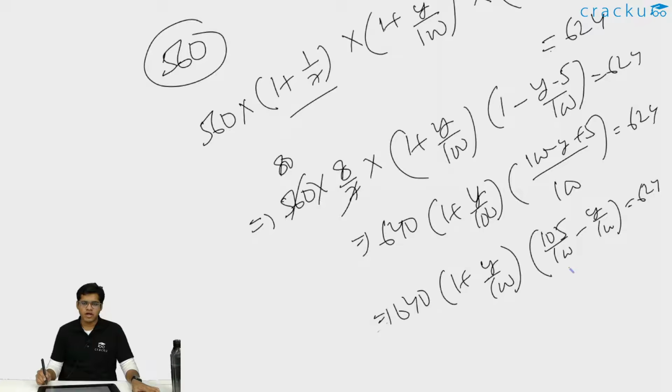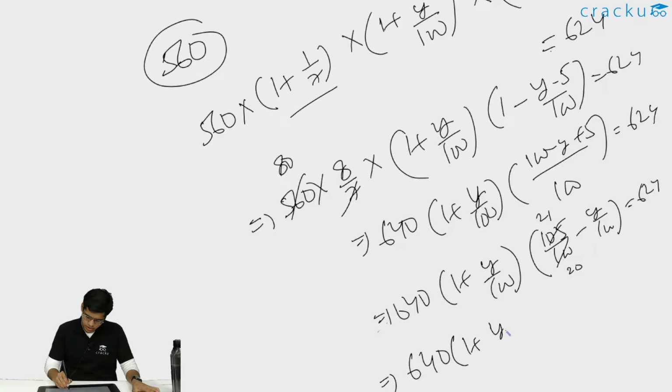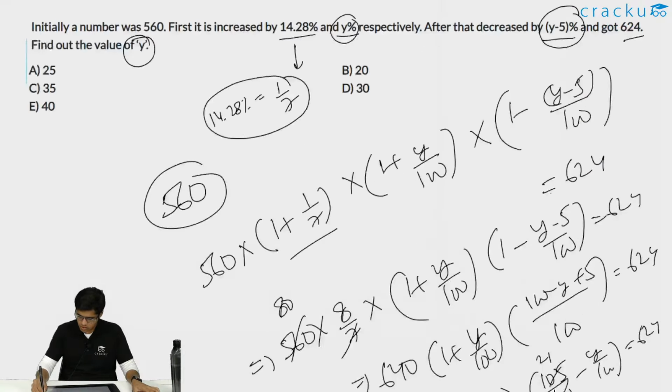Now 105 by 100 is what? It is 21 upon 20. So we can see, guys, the equation is 640 into 1 plus y by 100, into 21 by 20 minus y by 100. This is 624. Okay. Now we have been told to find out the value of y.